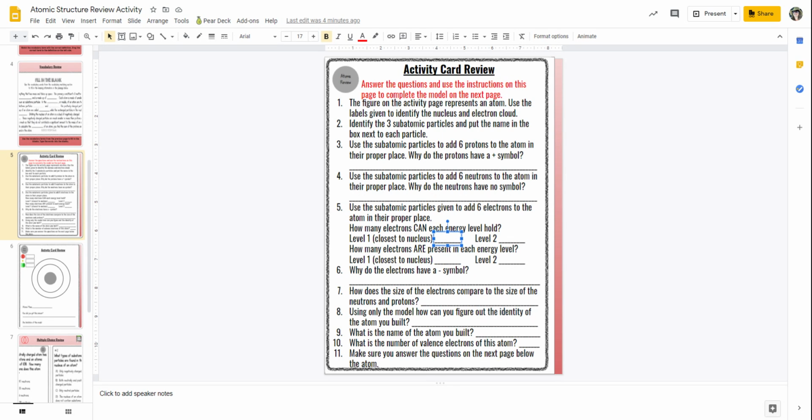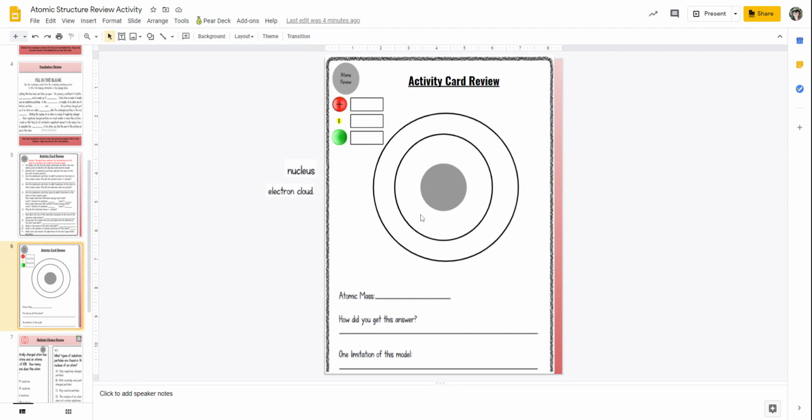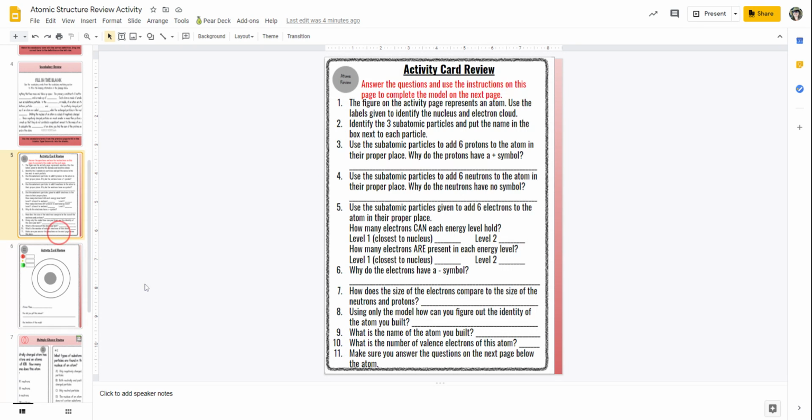How many electrons are present in each energy level? This is how many are actually on your model. That's the second question. After you put the electrons on here, then you should know how many are in each level. This is level 1, the one closest to the nucleus, and level 2, the one furthest away. Remember that each level has to be completely full before you can put an electron in the next level. Then it asks, why do the electrons have a negative symbol?